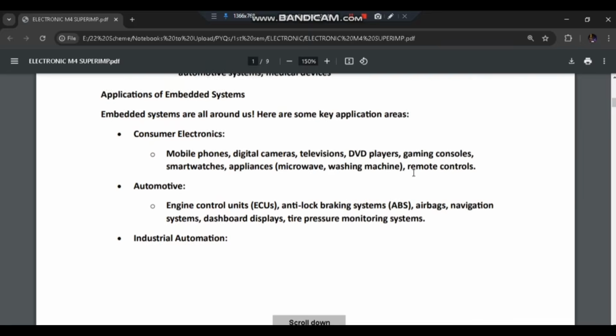Applications are also given here. A few applications of the embedded system: first is consumer electronics like mobile phones and digital cameras; automotive like the engine control units, ABS (anti-lock braking systems), and airbags, all those things present in a car.